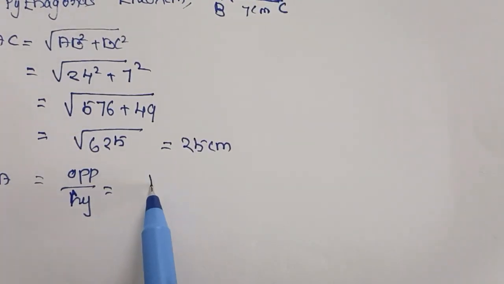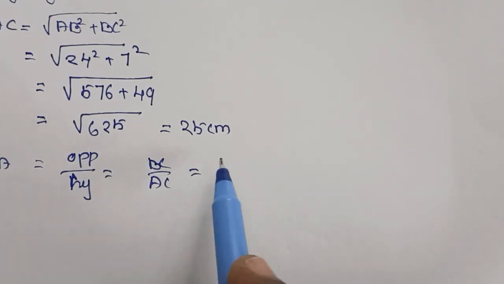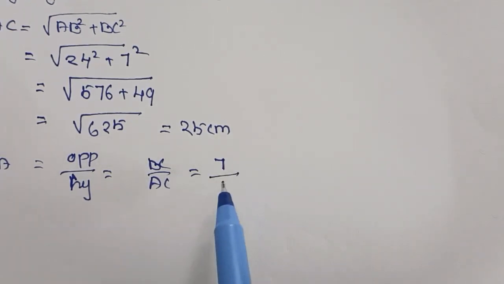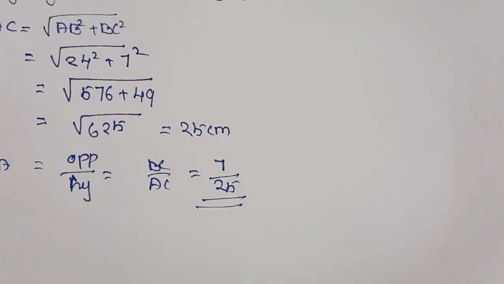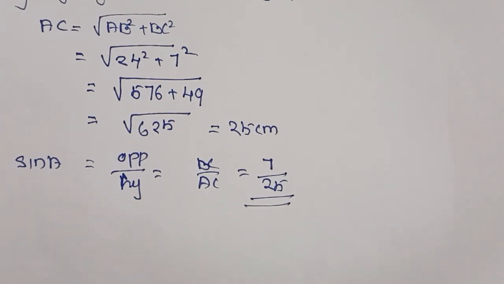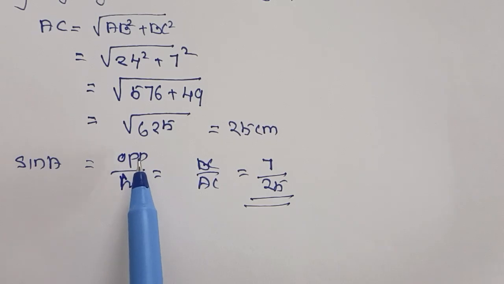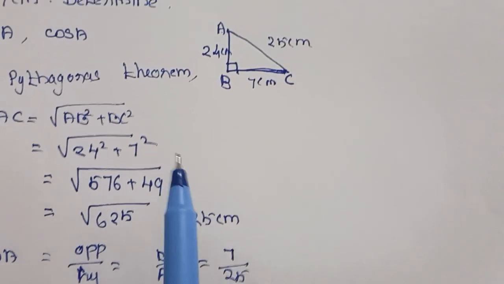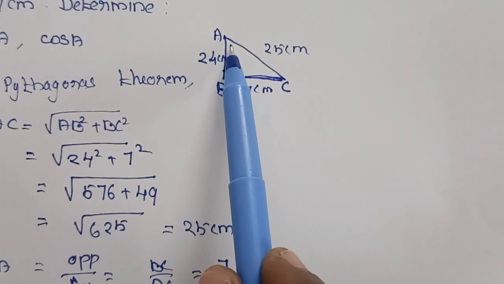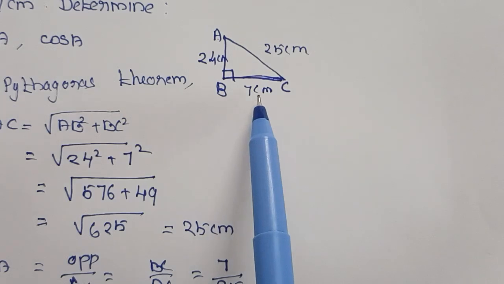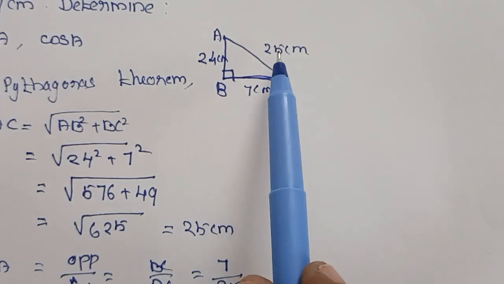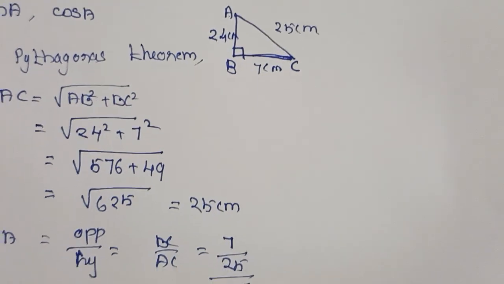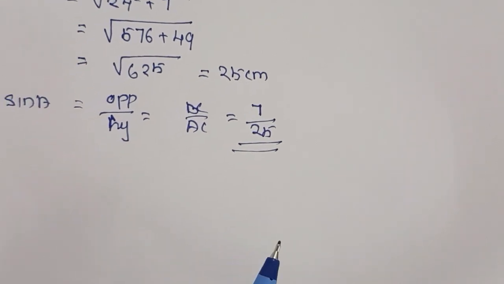Therefore, it is BC by AC, that is BC equals 7 centimeter by AC equals 25 centimeter. That is 7 by 25.